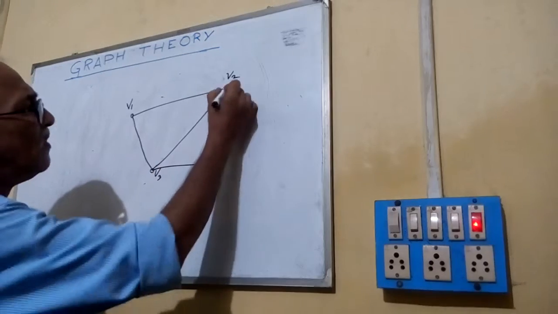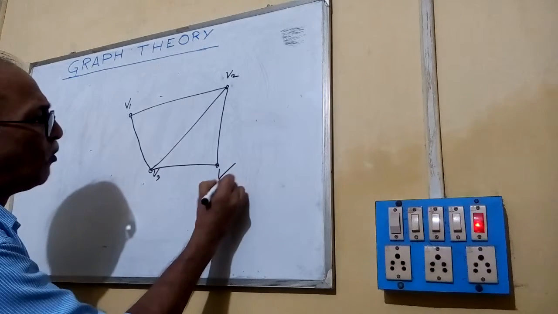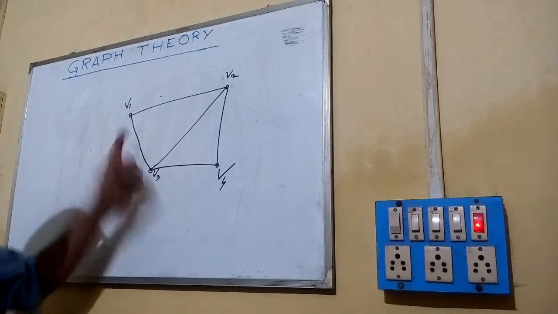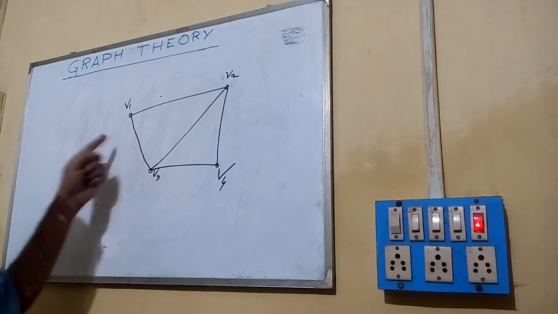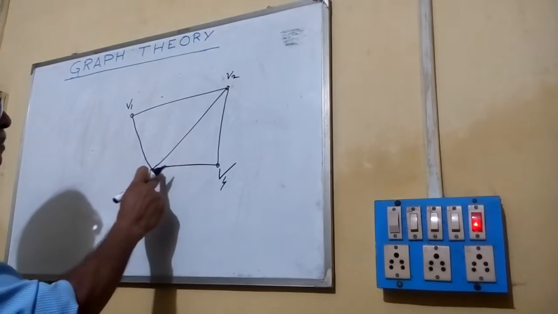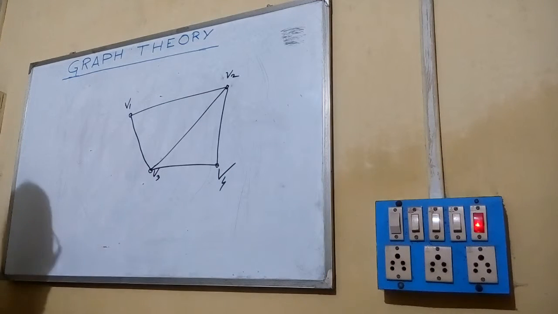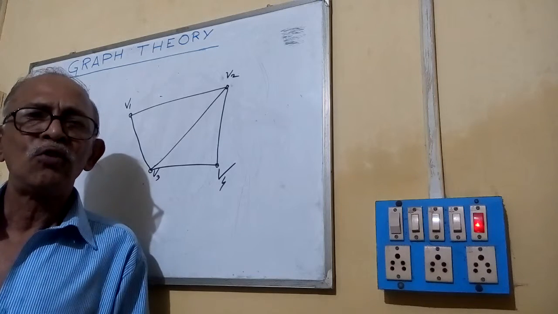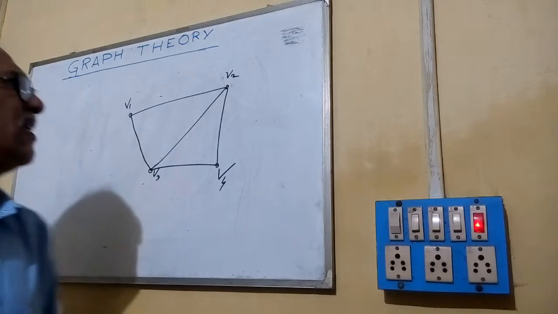Now see in this graph, if we add one more vertex V4, V1 and V4 are not adjacent vertices, but V4 and V2 are adjacent, V4 and V3 are adjacent, V3 and V2 are adjacent, V1 and V3 are adjacent vertices. Now, what are adjacent edges?